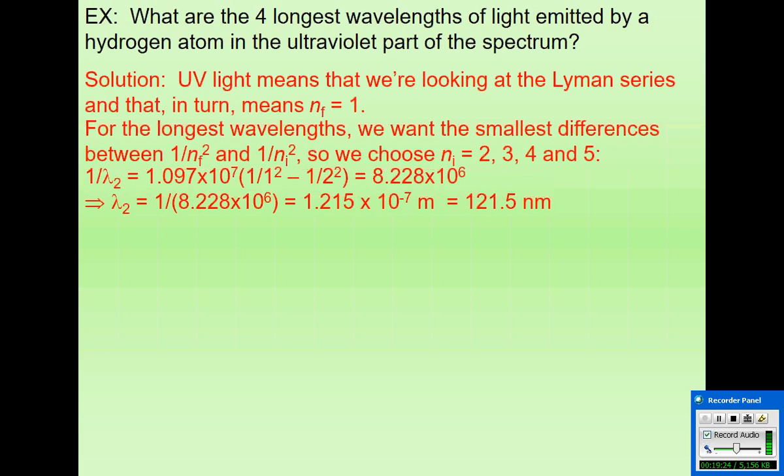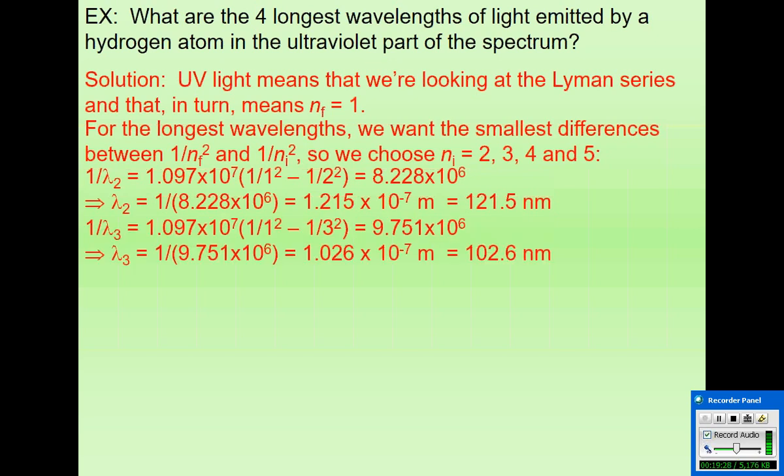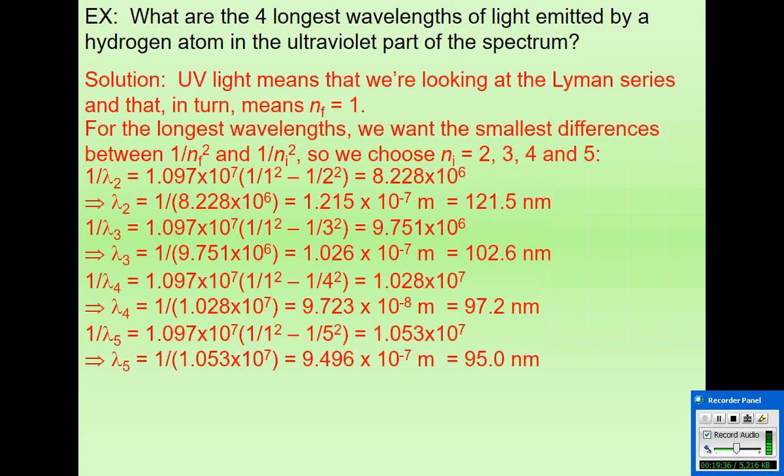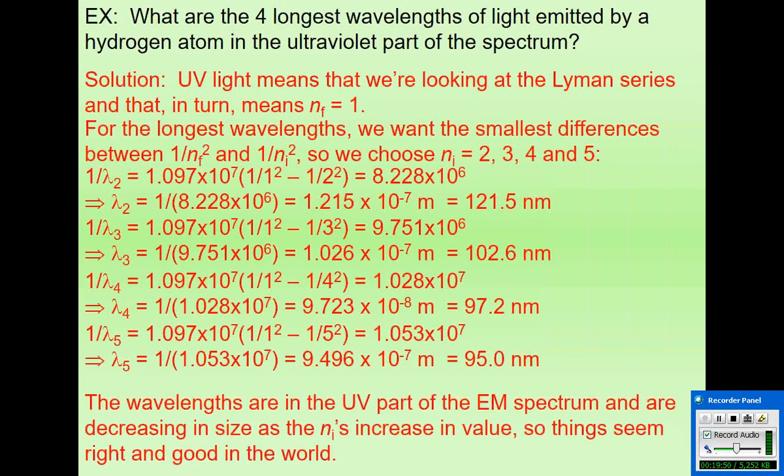You should be able to reconstruct these calculations on your own and get that lambda 3 must be 102.6 nanometers, lambda 4 must be 97.2 nanometers, and lambda 5 must be 95.0 nanometers. You can see that as n initial goes up for a constant n final, the subsequently calculated wavelength goes down.